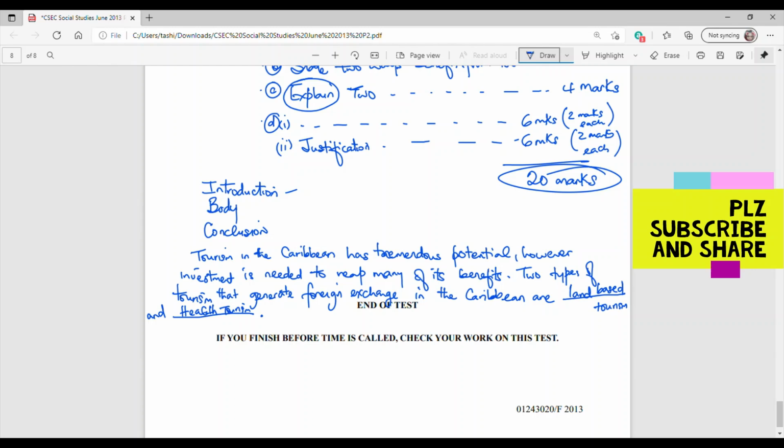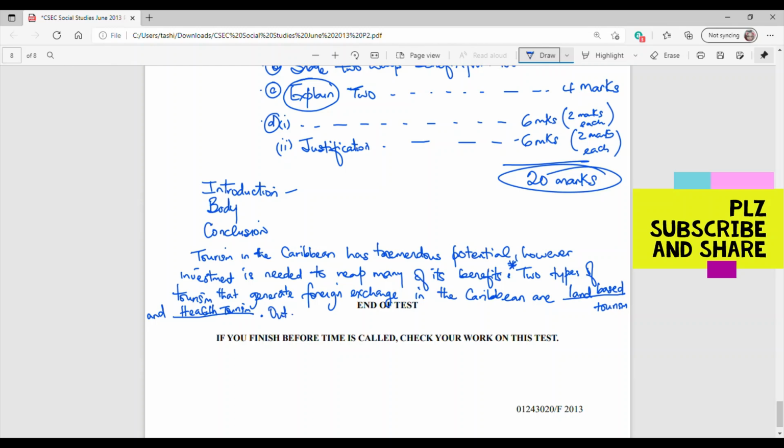Two types of tourism that generate foreign exchange in the Caribbean. You know, we could have put something up here about foreign exchange. We could say one of the benefits is foreign exchange. We could put it right here. Two types of tourism that generate foreign exchange in the Caribbean are land-based tourism and health tourism. The next question asked us to talk about two other benefits. So we can say outside of foreign exchange, tourism in the Caribbean also provides, and then you write out the other benefits that it provides.